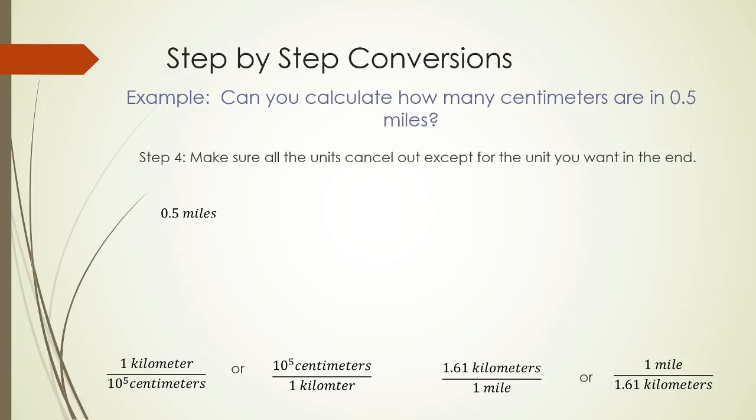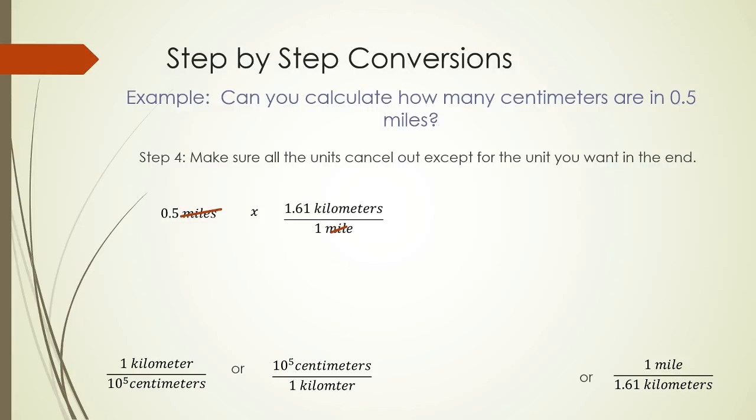While the other one, the 1.61 kilometers over a mile, well, that actually just gives me, the miles would cancel out, and I'd have kilometers. So that's how I choose which one I'm going to use. One of them gives you weird units that make no sense, and the other one is going to return you something that you can use. So now the miles have canceled out, and I just have kilometers.